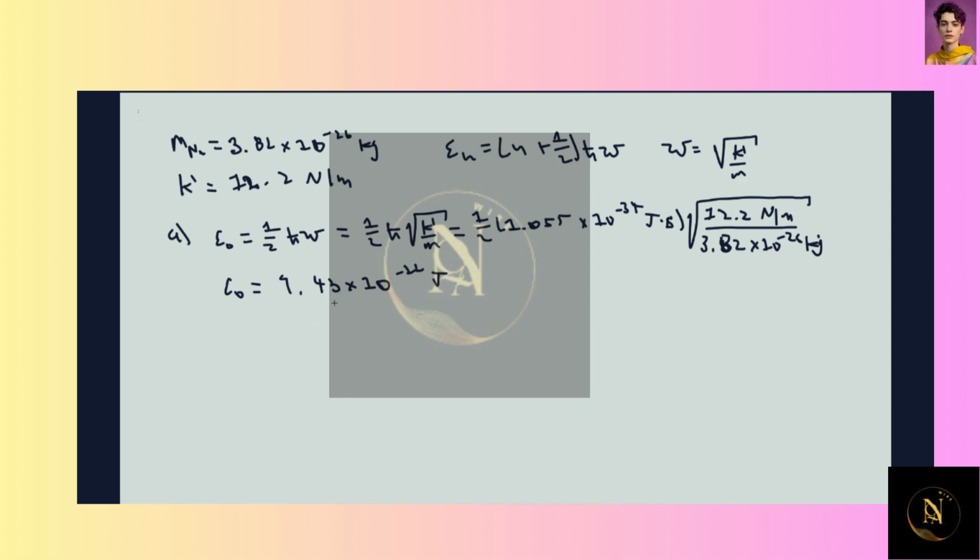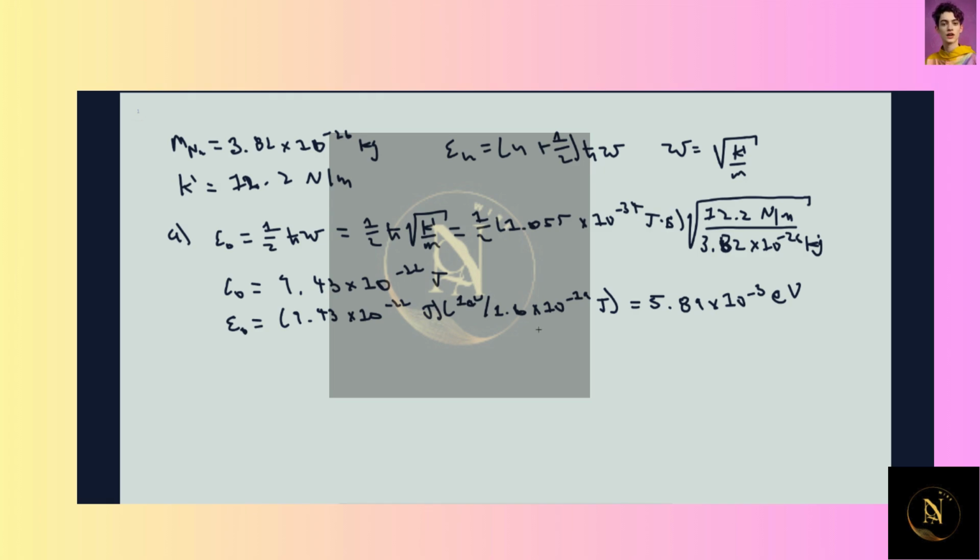Or in electron volts, E0 is equal to 9.43 times 10 to the minus 22 joules times 1 electron volt divided by 1.6 times 10 to the minus 19 joules, because there's 1.6 times 10 to the minus 19 joules per electron volt. So this gives you 5.89 times 10 to the minus 3 electron volts.